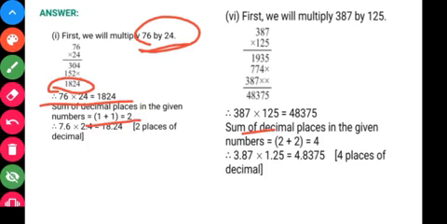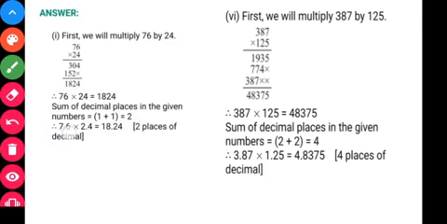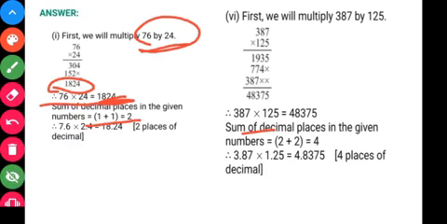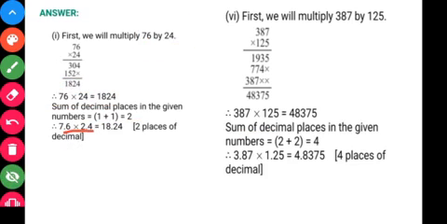Now you'll put the decimal in this. Therefore 7.6 into 2.4 is equal to 18.24. That means it is a 2 place decimal.